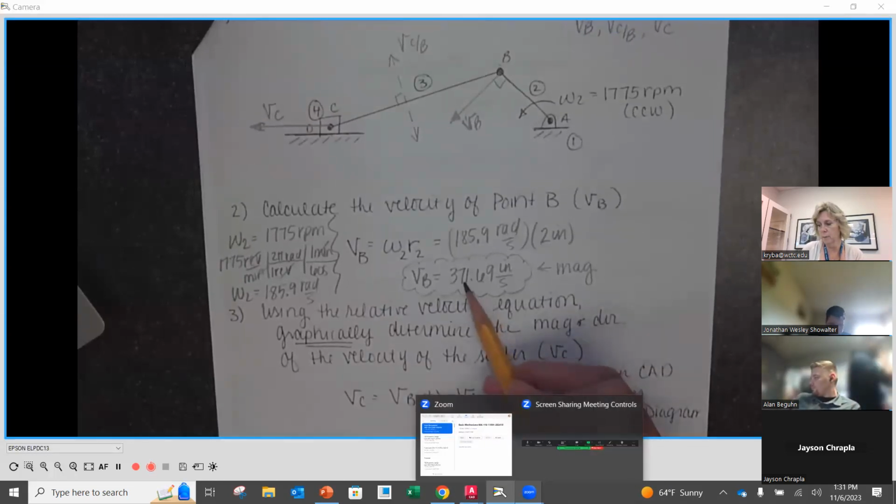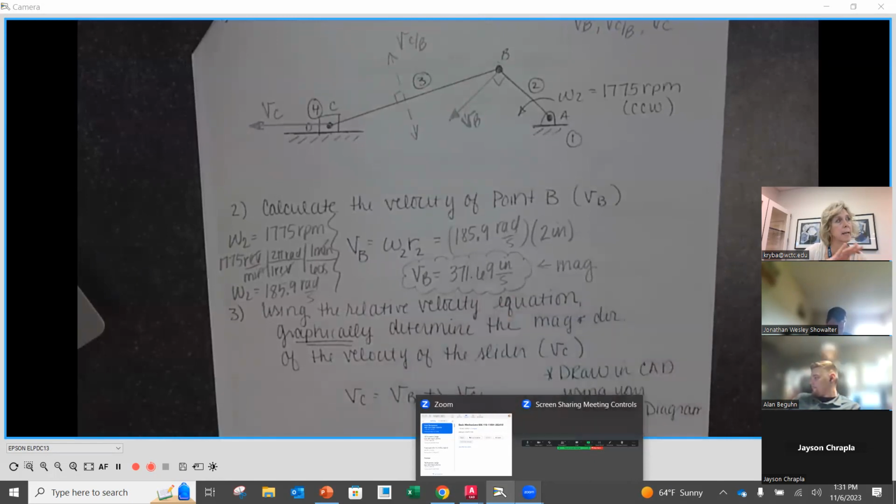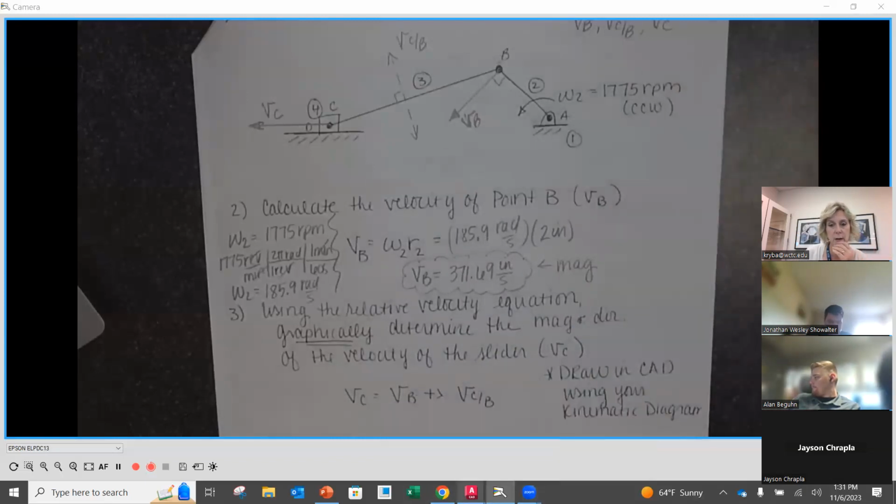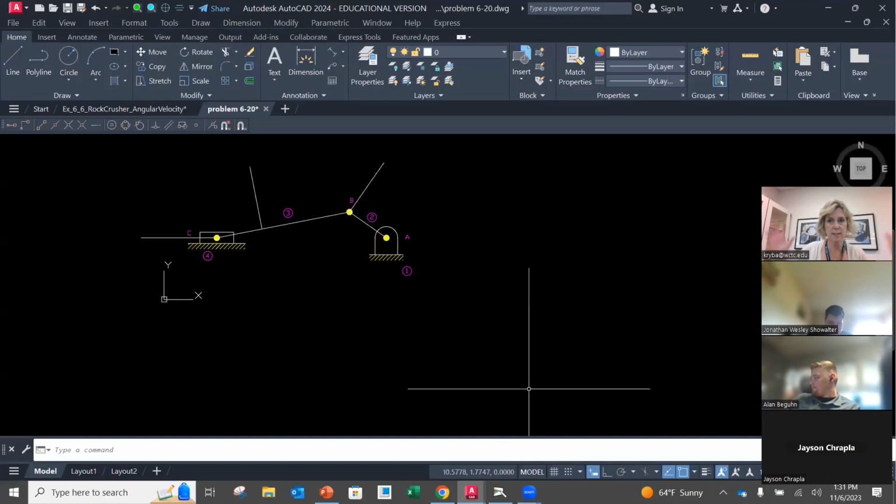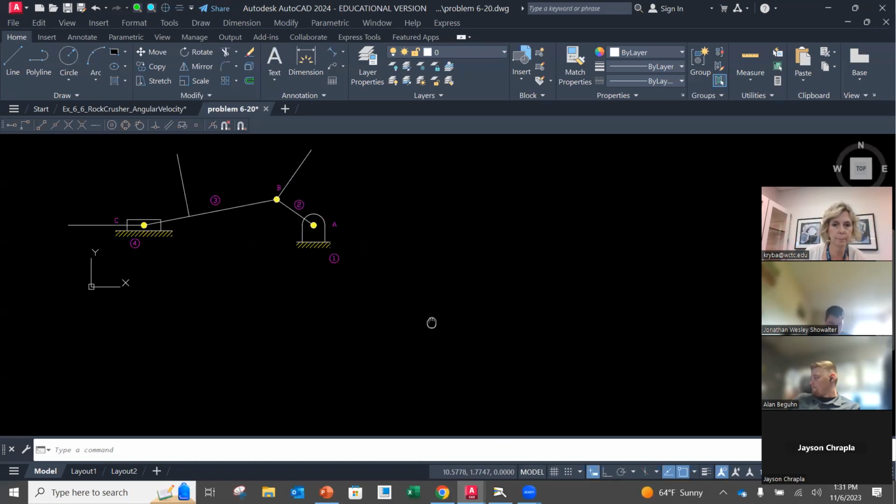So I'm going to move this decimal place 2 places to the left. I'm going to actually draw my velocity of B 3.71 inches long. So when I get my answer for the velocity of C, I'm going to have to multiply it by 100. Okay, just so you know. And I'm doing that so that when I draw it next to my vectors here, these lines aren't so out of proportion.